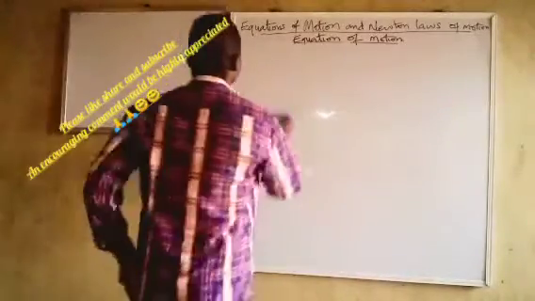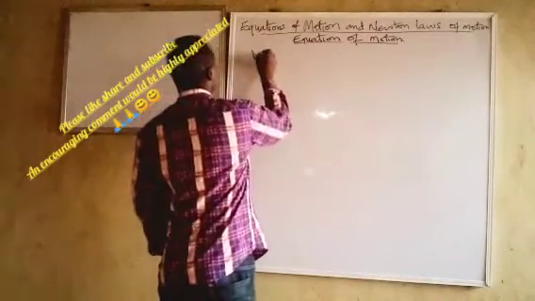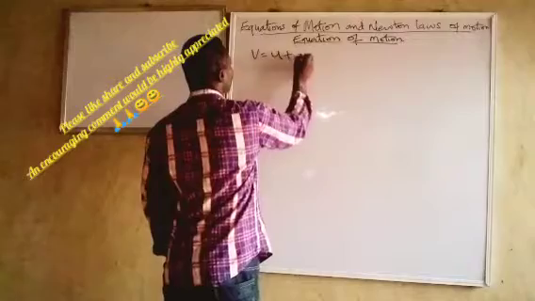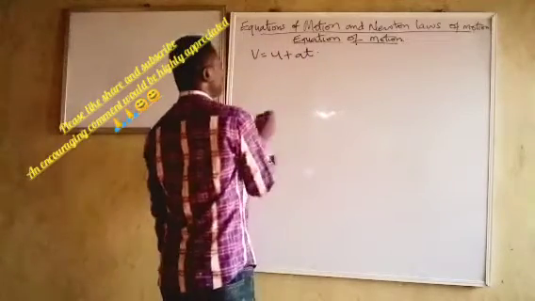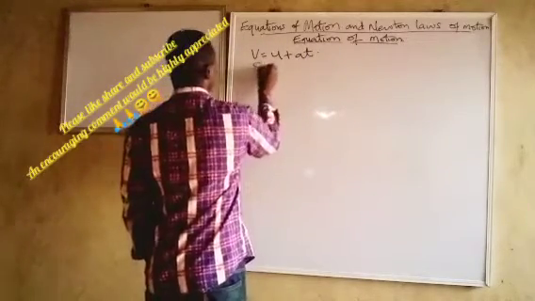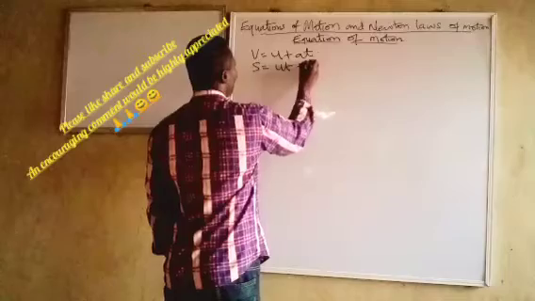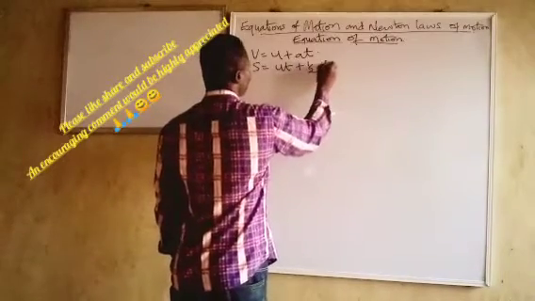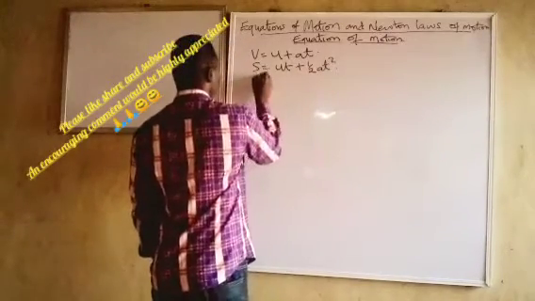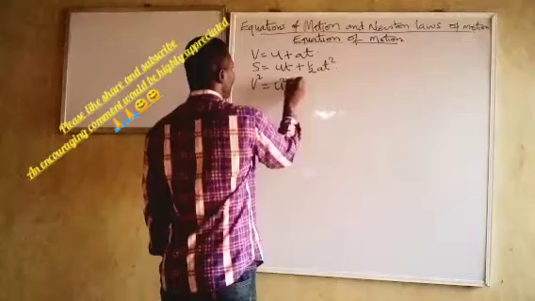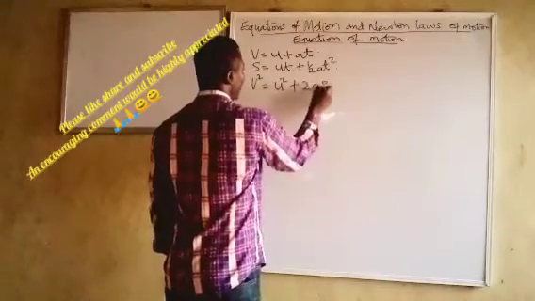So we have V equals U plus AT. We have S equals UT plus half AT squared. We have V squared equals U squared plus 2AS.